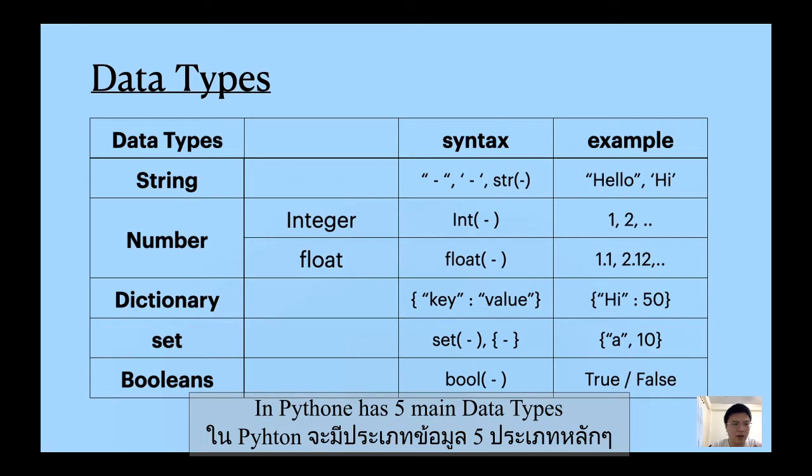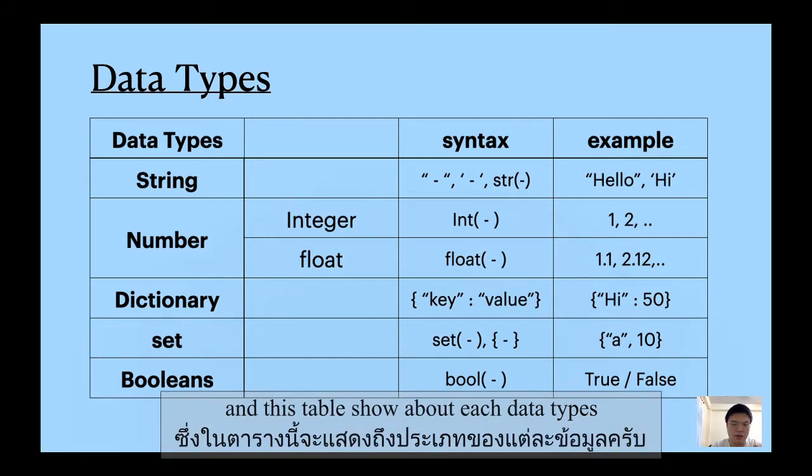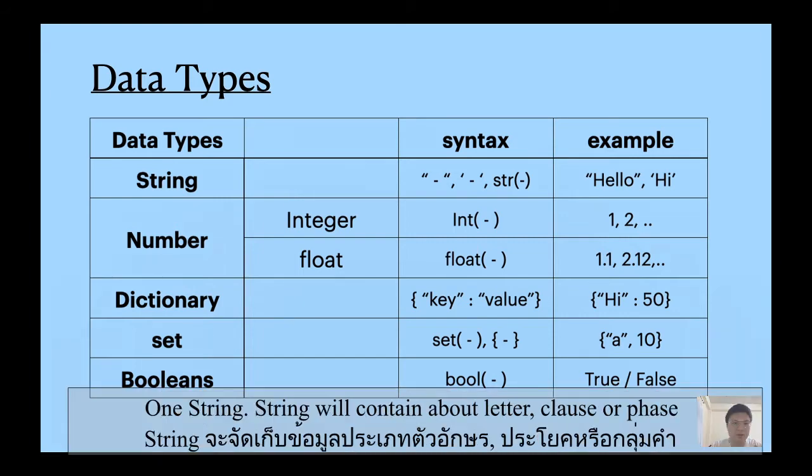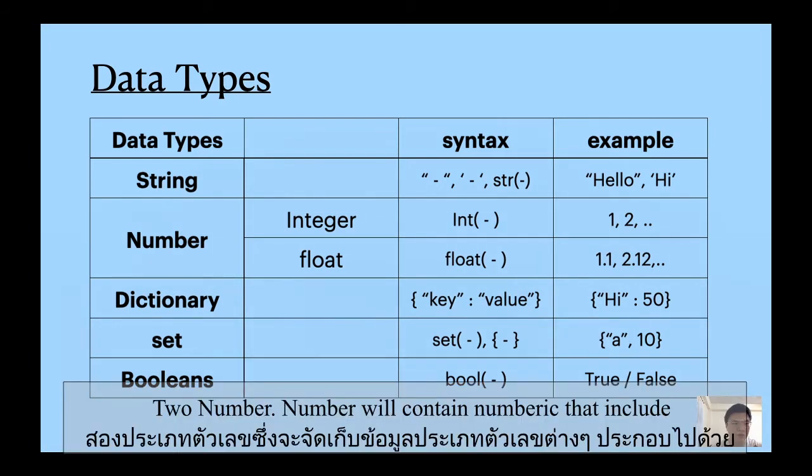In Python, there are five main data types, and this table shows each data type. 1. String. A string contains letters, words, or phrases. 2. Number.